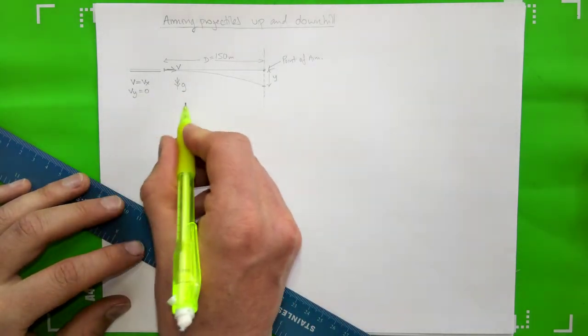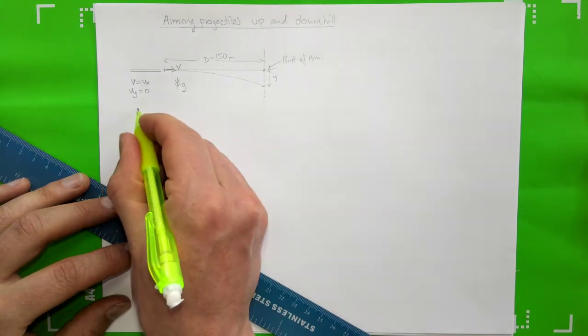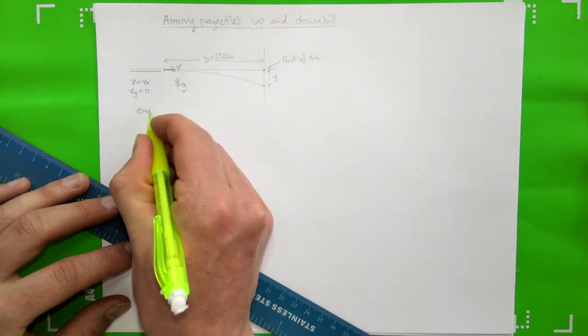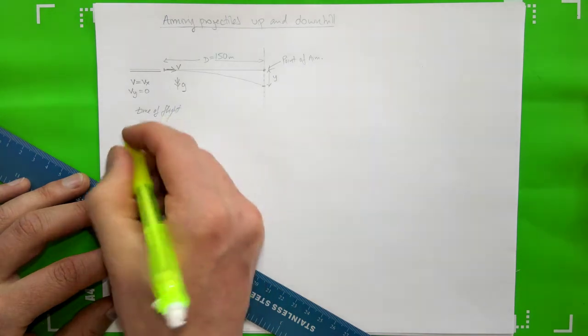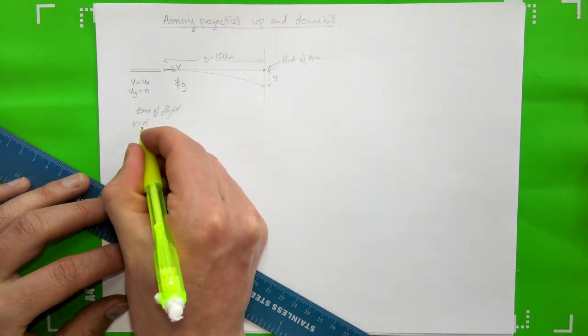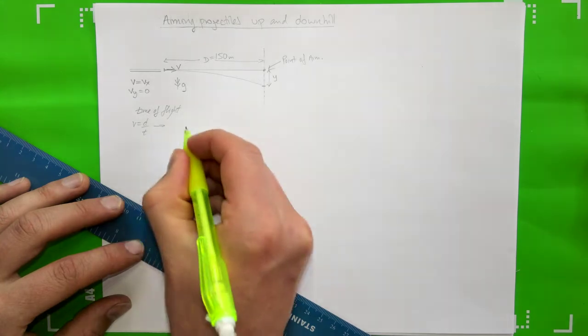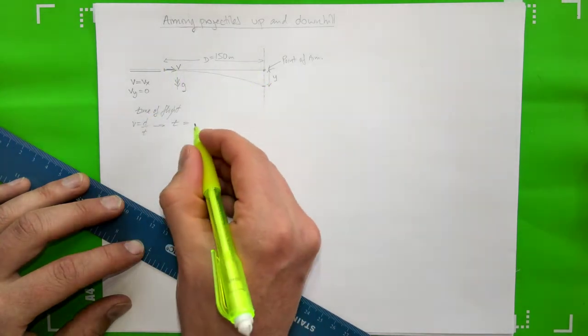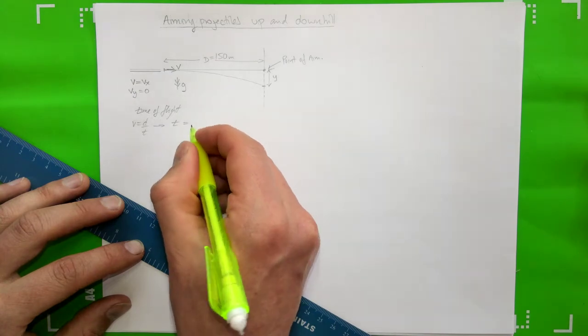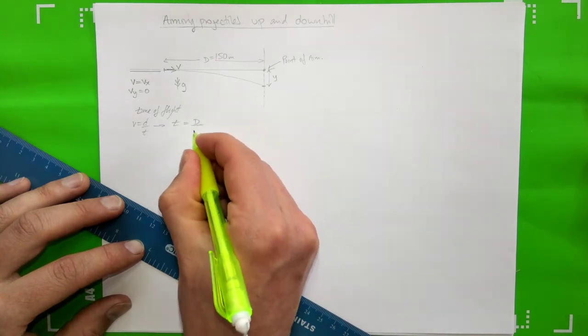So the first hint is to find the time of flight. Which is easy enough to find. So we know that speed is distance over time, which tells us that the time to get from here to here is d over v, the distance d divided by vx.